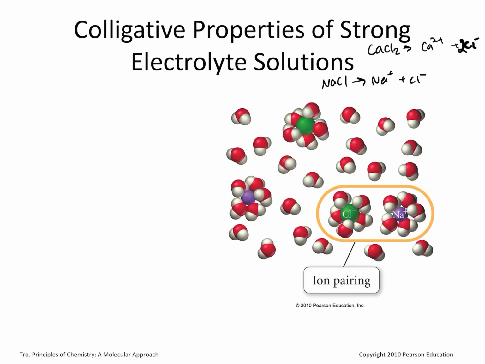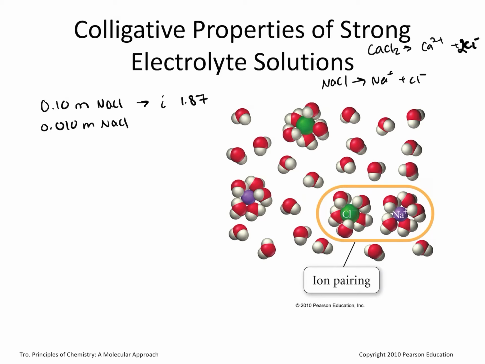Now, that's what we expect. However, in reality, it's a little bit different because of something called ion pairing. This expected factor only occurs in very dilute solutions. So the Van't Hoff factor, we would think, is 2. But in actuality, for a 0.10 molar sodium chloride solution, it's 1.87, which is a little bit less than 2. And for a 0.01 molar solution, it's 1.94.